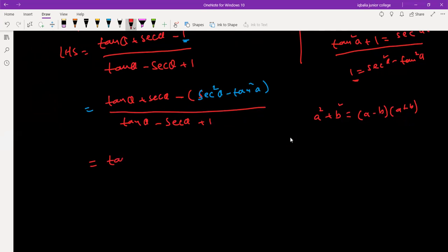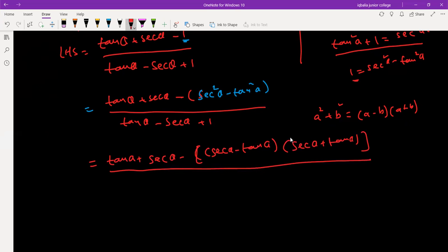Then we will have tan theta plus sec theta, and here we will have sec theta minus tan theta, and here sec theta plus tan theta. Boys, within a minute it is going to be finished.